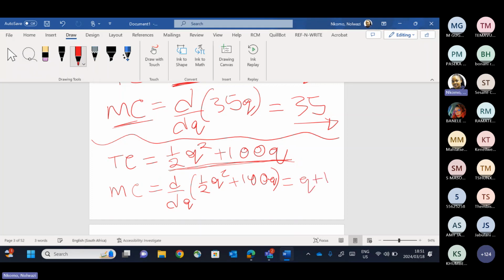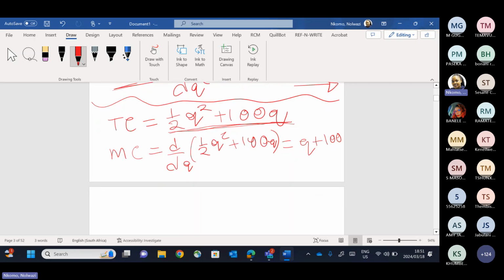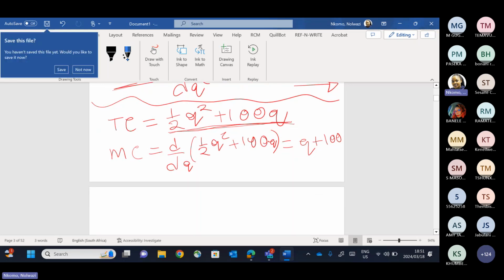and this will give you q plus 100, right? So this means when you are told that the quantity produced or sold is equal to maybe 10.